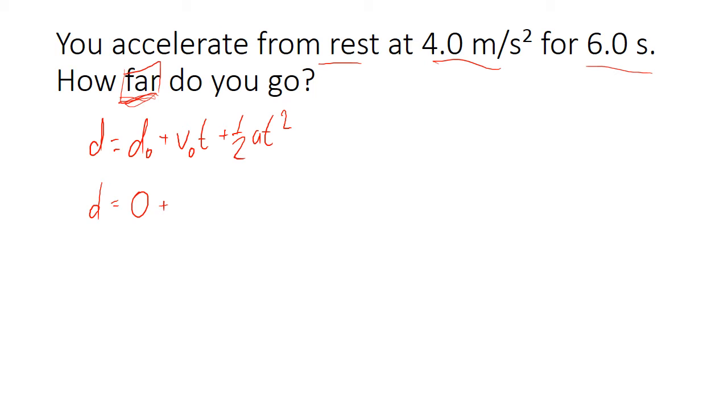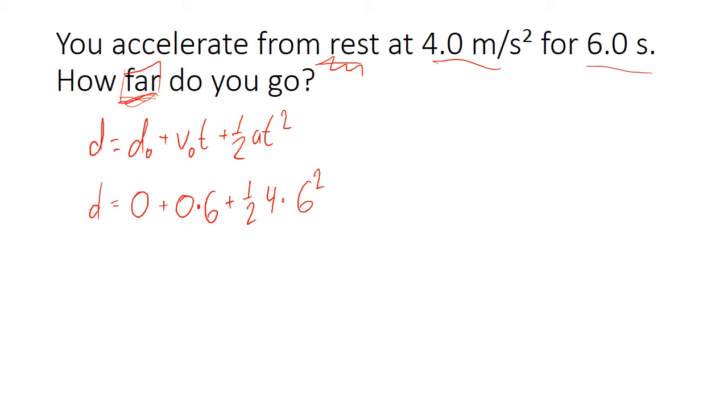Plus v0, I'm starting at rest, so I'm starting at 0 velocity times time for 6, right? You know, 6 times 0 is 0. So plus 1/2 times a is 4 times t is 6 squared.